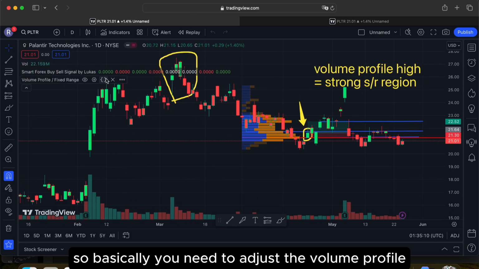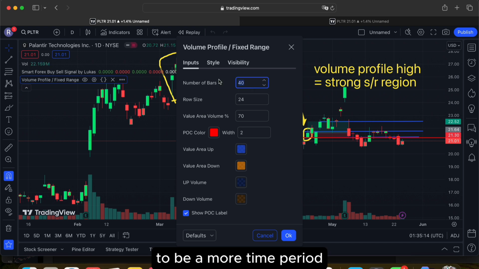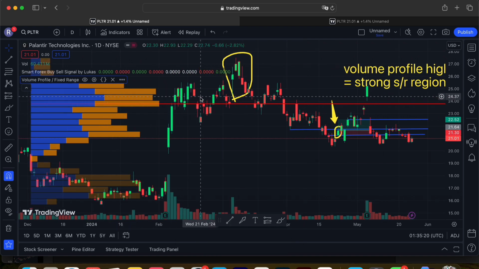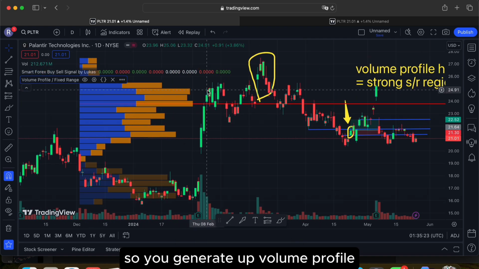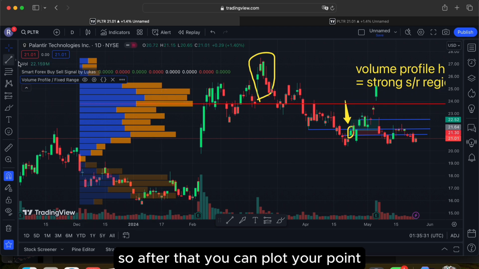So basically you need to adjust the volume profile to a longer time period. So I will adjust to 120. So it generates a volume profile. After that you can plot your point.